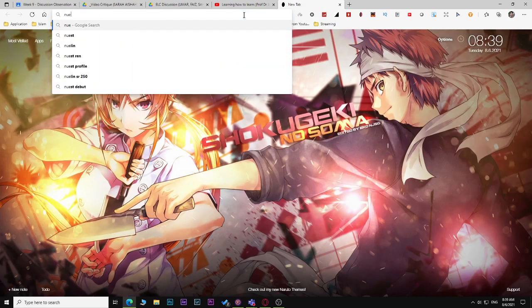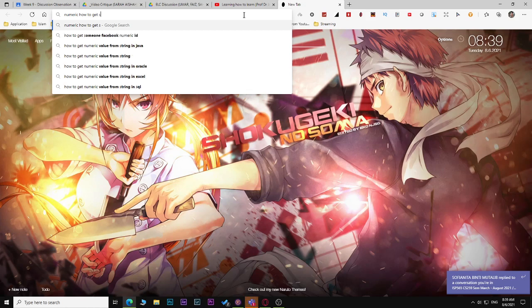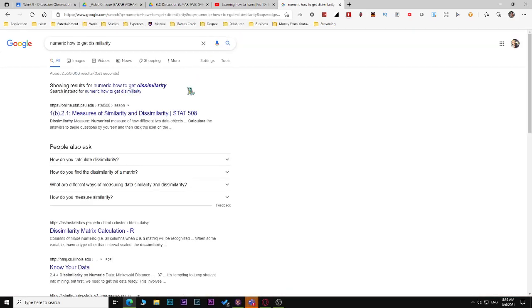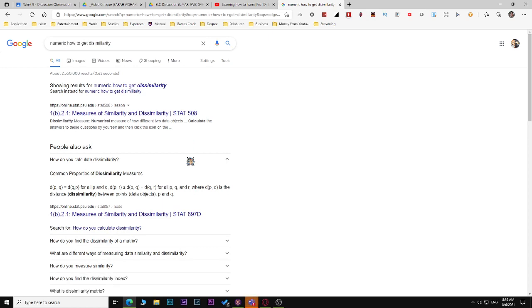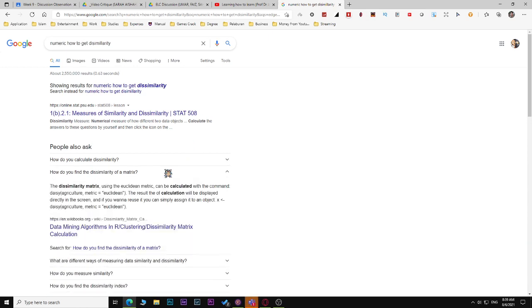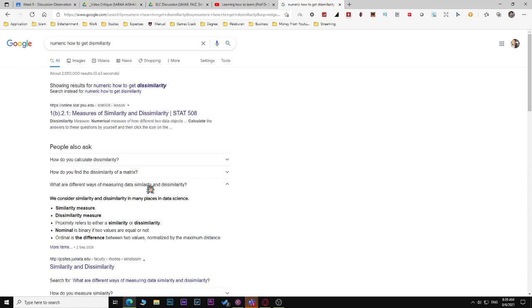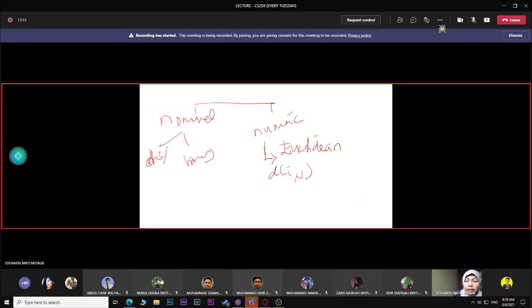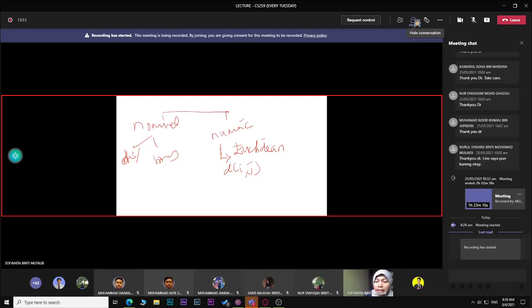Measure the distance. All of them need to measure the distance, but in numeric, what do we use? Have you heard of Euclidean distance? It depends on how many attributes you have in the data set.